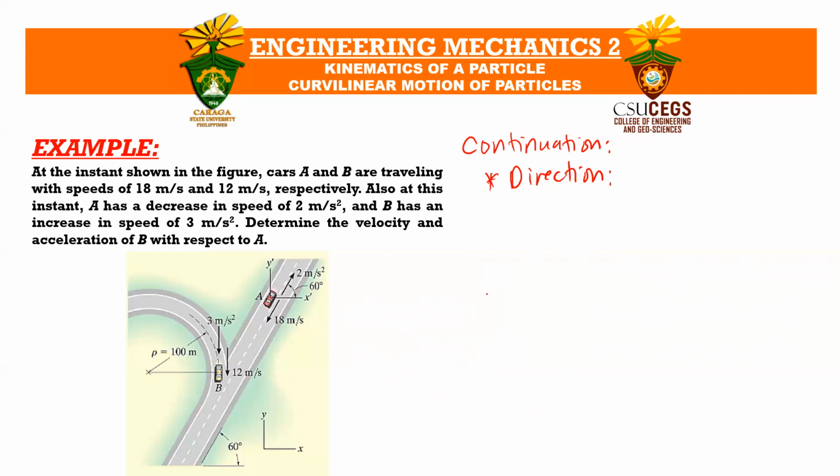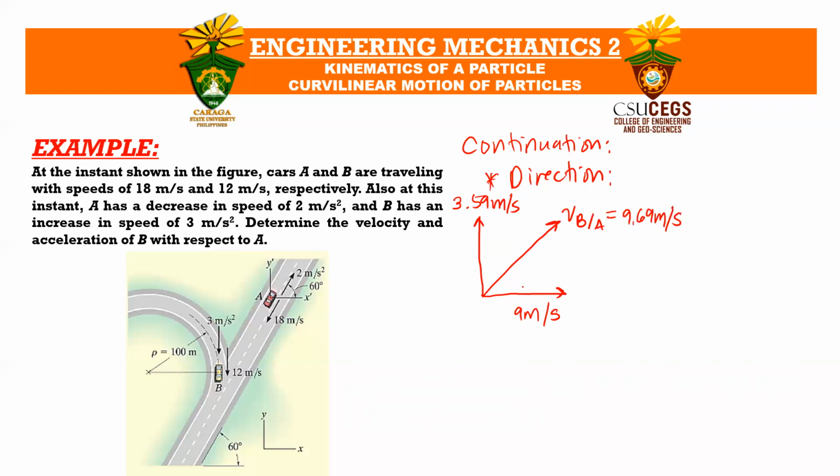So we have the x component, which is 9 meters per second, and the y component, which is also acting along the positive y-axis, equal to 3.59 meters per second. So this would be your v sub b with respect to a, which is equal to 9.69 meters per second.